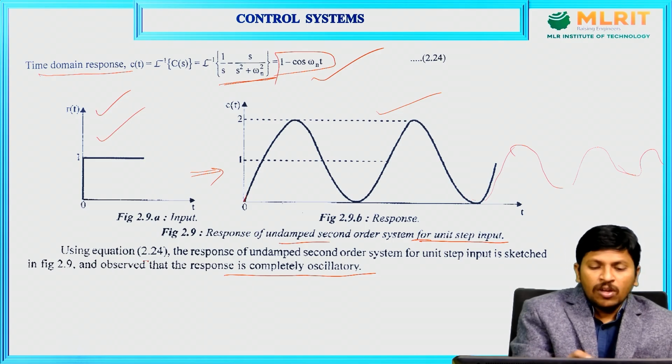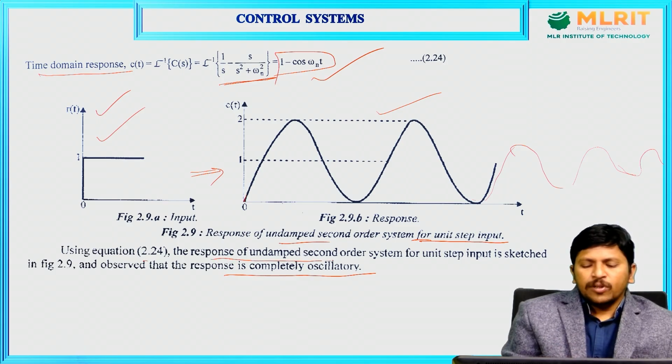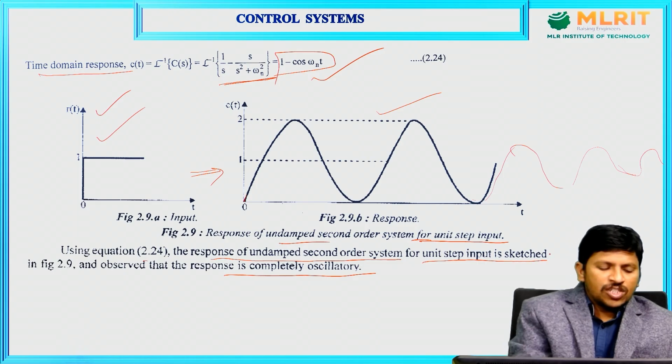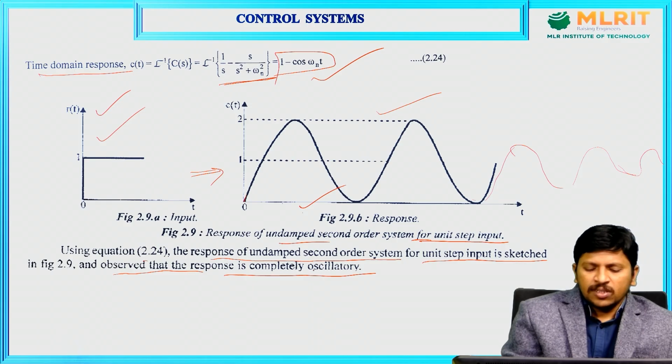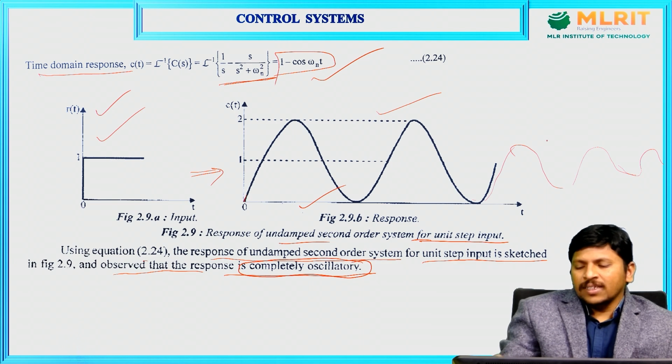For this equation, the response of the undamped second order system for unit step input is sketched in the figure. Observe that the response is completely oscillatory, because it keeps oscillating.